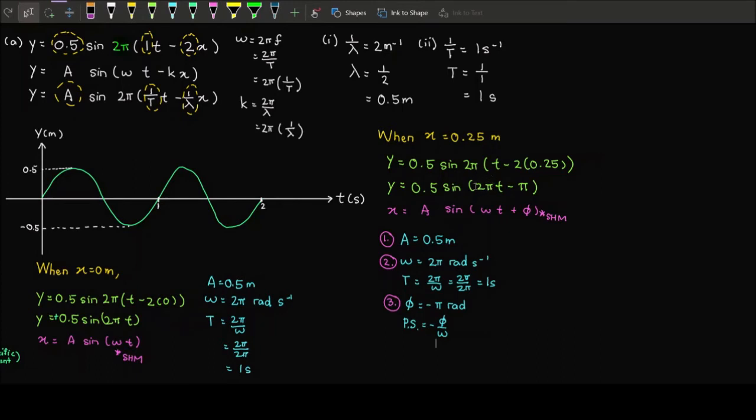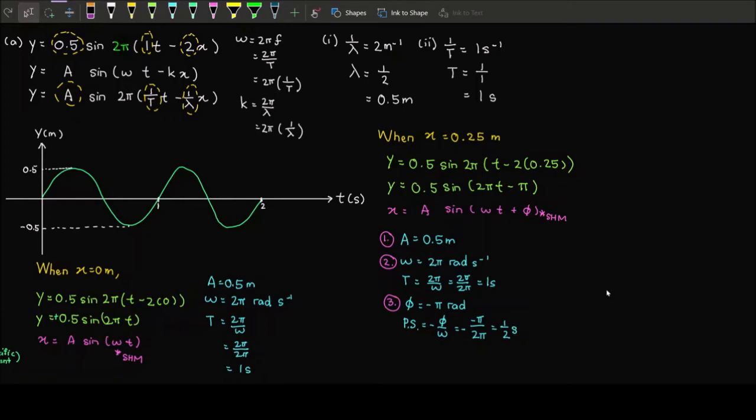You can think of it like that, it's easier. Negative what's behind divided by what's in front. So if you calculate this, the answer you obtain is negative of negative pi divided by 2 pi. So your answer will be half, and if you check the unit, it will be second.